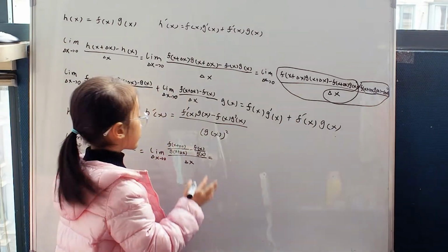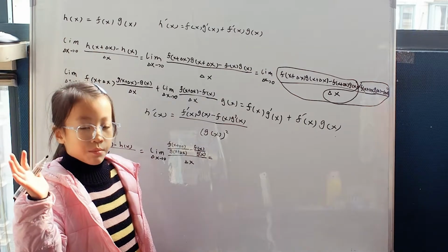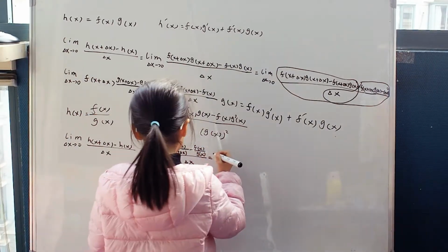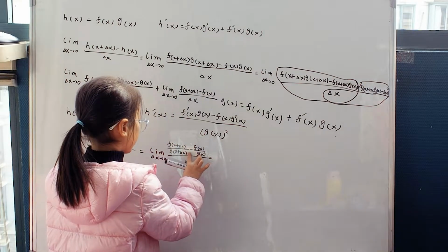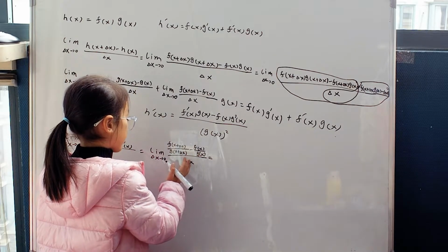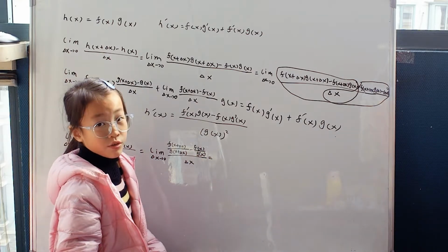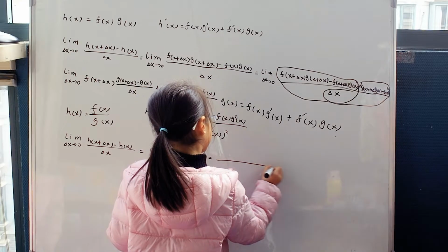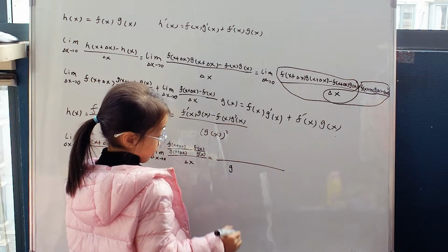Then we reduce the fractions to a common denominator. I can put the delta x up here, which is much clearer.